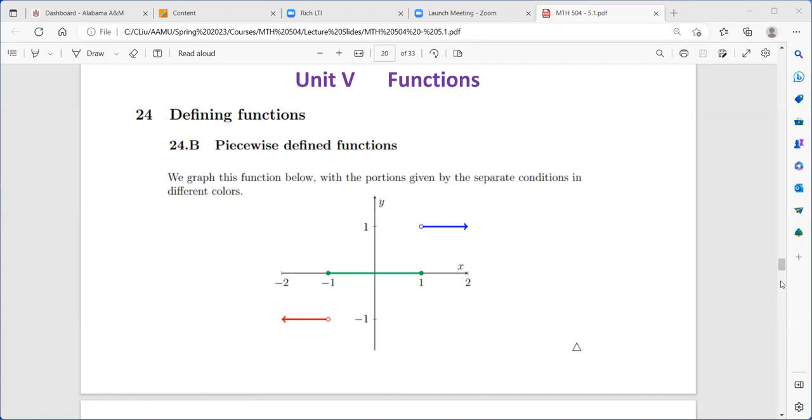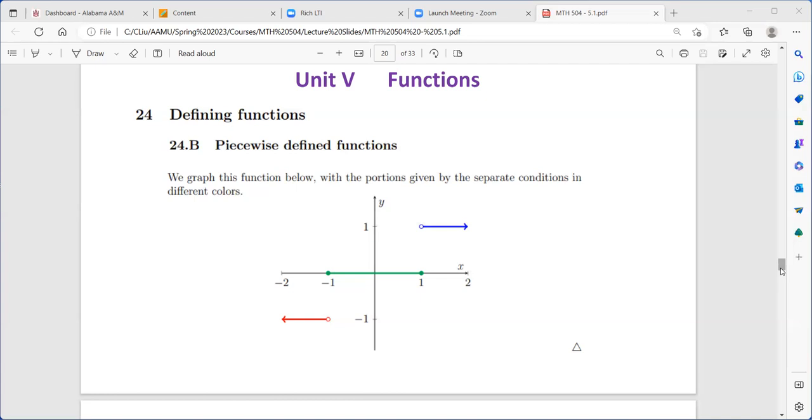Basically, the idea is you can partition the domain of a function into several parts and define different rules for each part of the domain to the codomain.